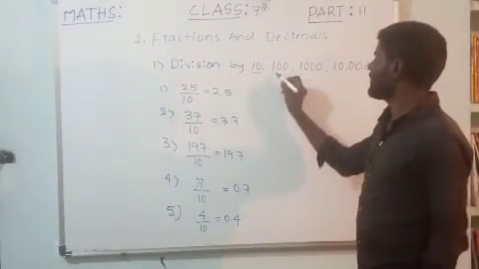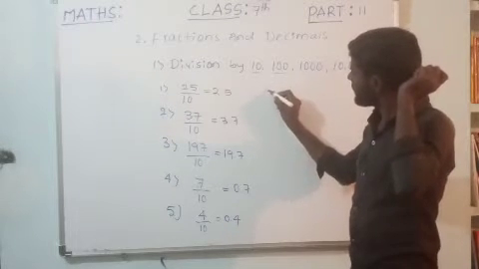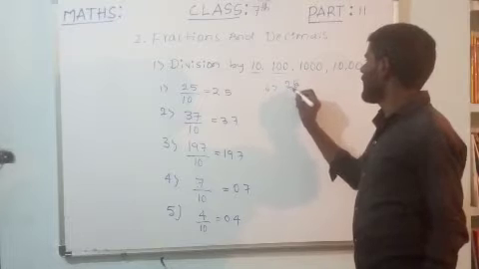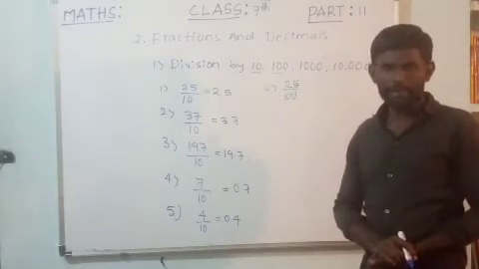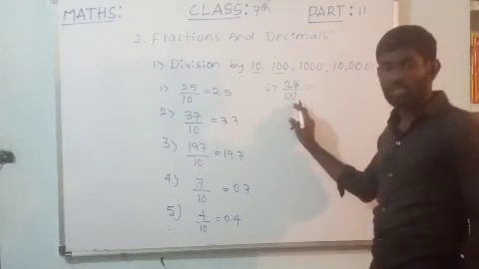Yes, by taking like this. Then by taking 100. Suppose example 6, 25 by 100. What will happen? In the denominator two zeros are there.